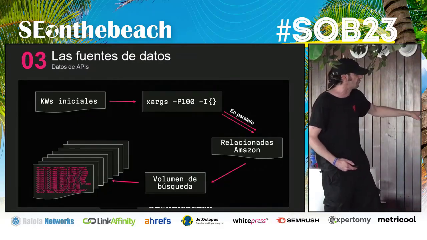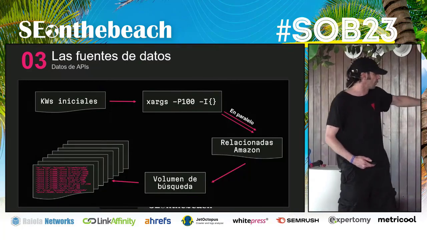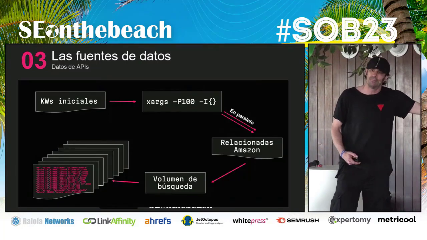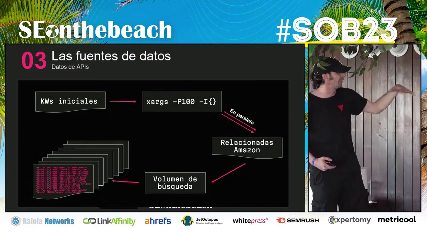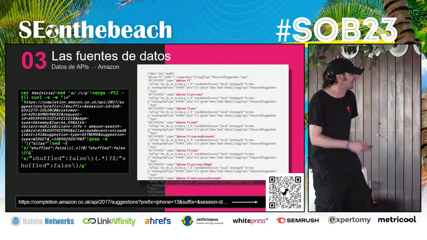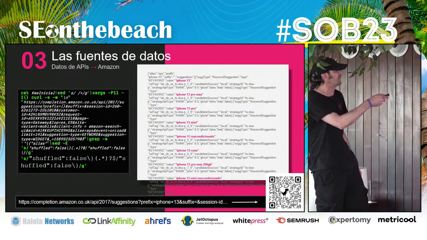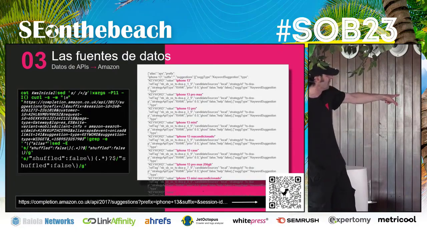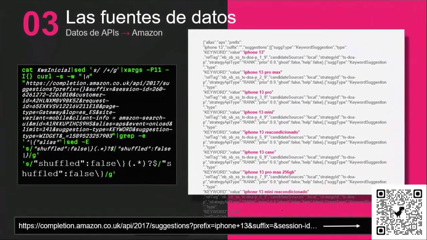So for each of these keywords, for each of the files, I would use xargs, and I would do 100 requests. If you look at this example, this code that's generated is the same URL from the API that you can see at the bottom, the one related link to Amazon.